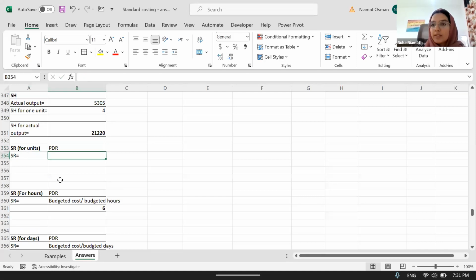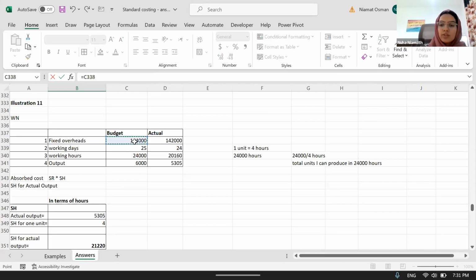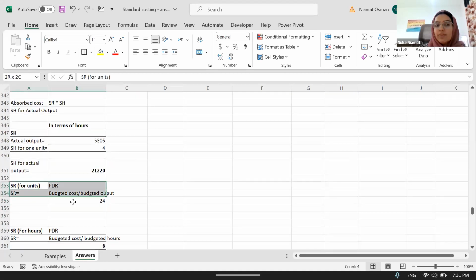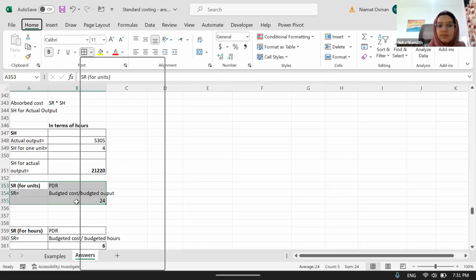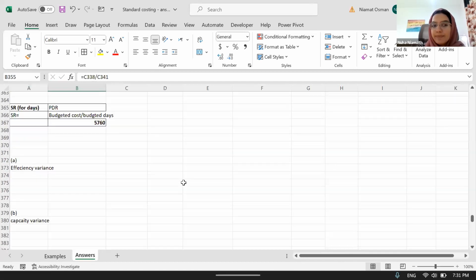Standard rate for units. BC by BO. Perfect. Budgeted cost by budgeted output. Tell me the values. 1,44,000 divided by 6,000. Correct? So we have our standard rate per output. Here, everybody.